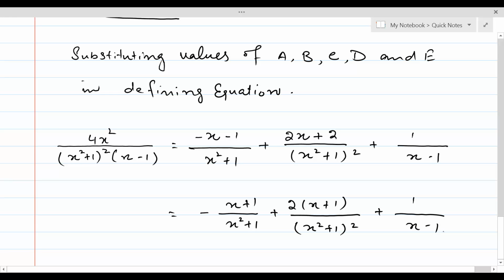This is how we can reduce any kind of rational expression into simpler rational fractions, and this technique is very helpful in performing derivatives and integrals when it comes to calculus.